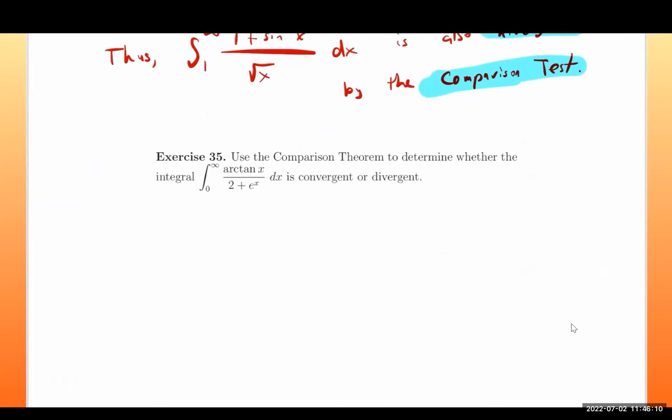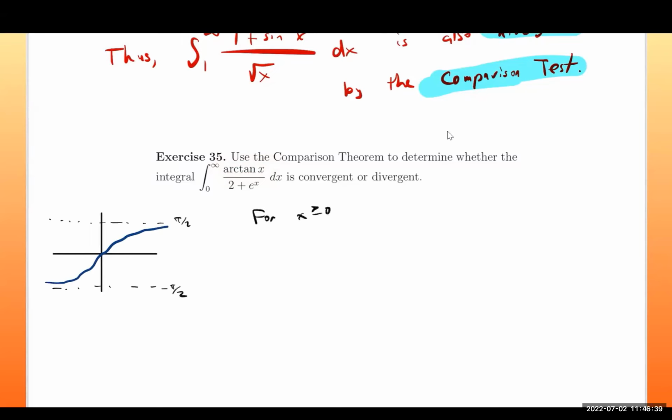Okay, this last problem also wants us to use a comparison test. So it's given us an integral here. Let's focus on the arctan function. The arctan function looks like this. There's an asymptote on the top and the bottom, and the graph looks something like this, where this asymptote is pi over 2, and this asymptote is negative pi over 2.